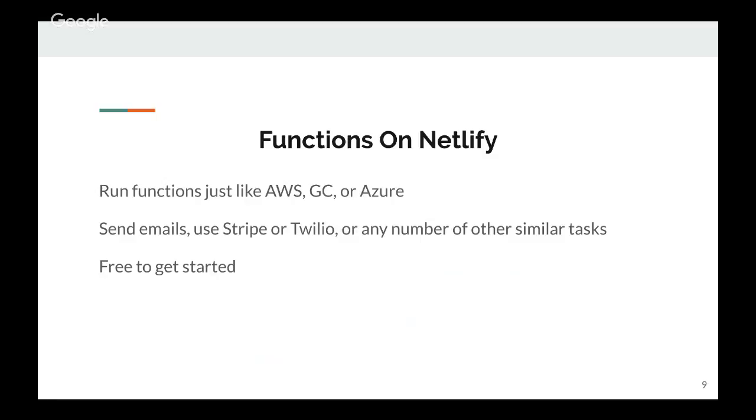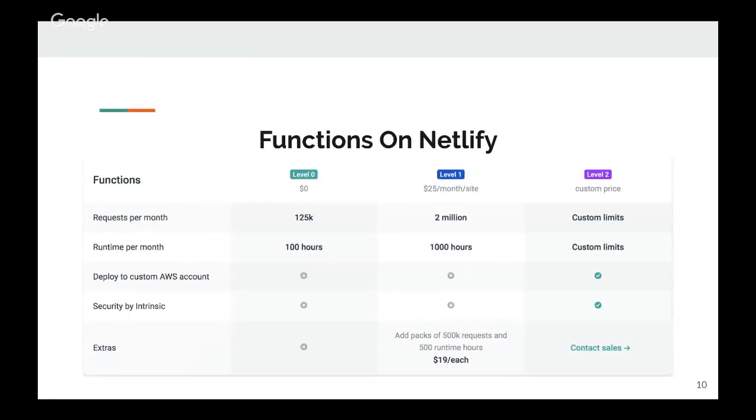It's free to get started. They have their pricing structure here, and these prices are as of today. I pulled them from the site today, but you can see here that you get 125,000 requests per month or 100 hours for free. And so you can get started with their functions. And if you don't have a lot of traffic to your site at first, or even if you have a lot, that's quite a bit on the free level.